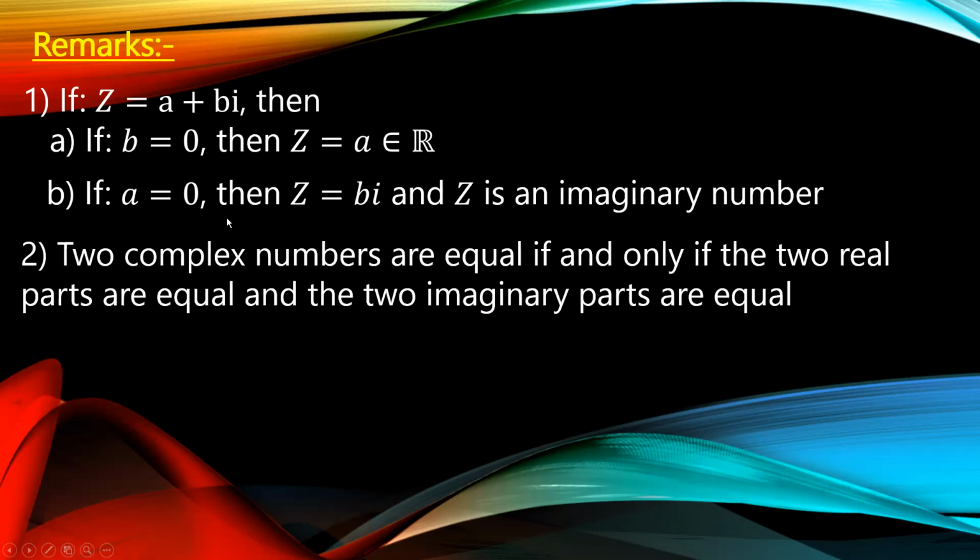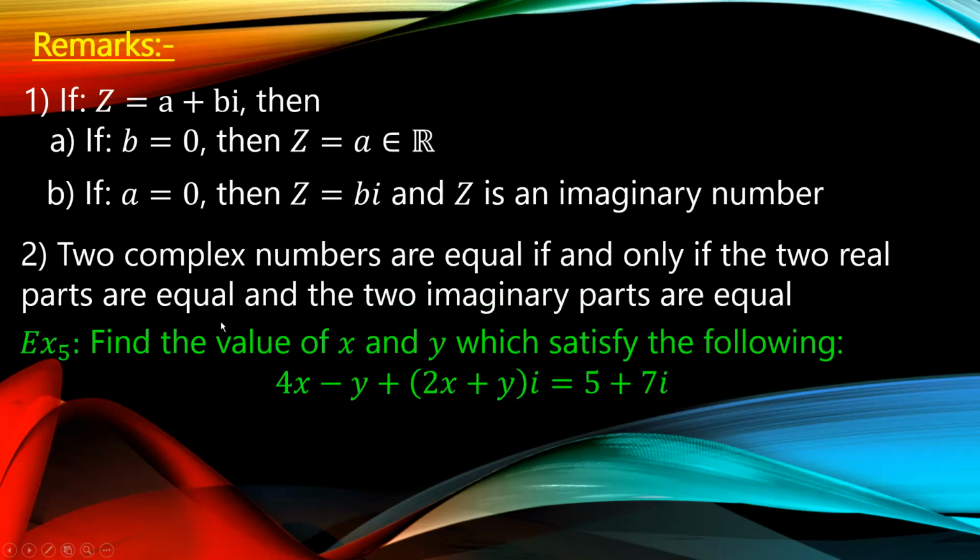Here, two complex numbers are equal if and only if the two real parts are equal and the two imaginary parts are equal. For example, find the value of x and y which satisfy the following: 4x minus y plus (2x plus y)i equals 5 plus 7i. Here the two complex numbers are equal.